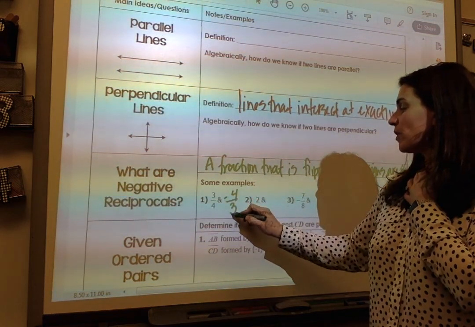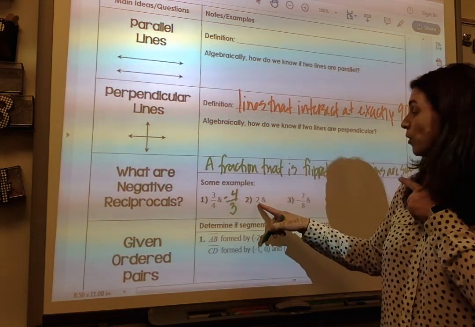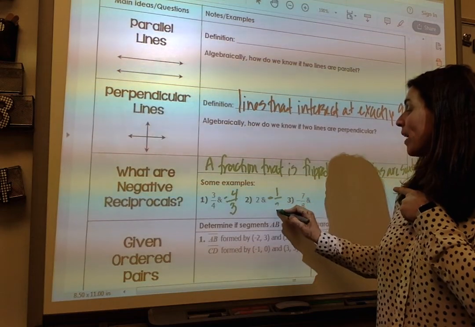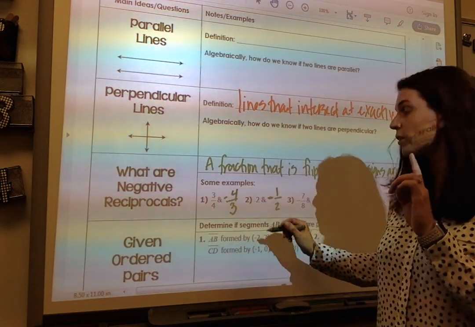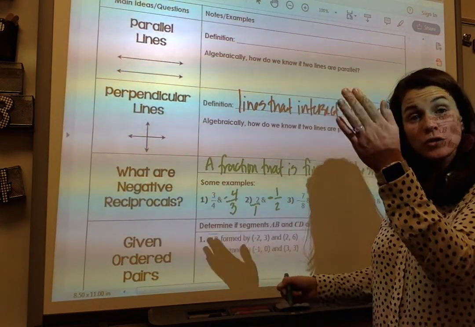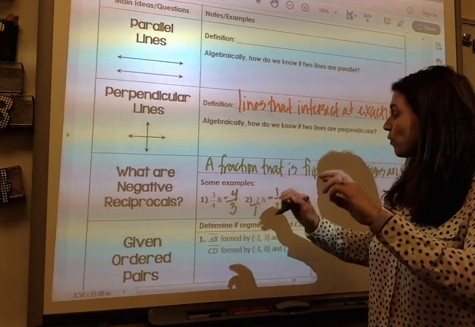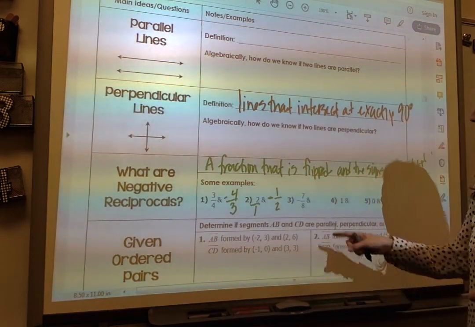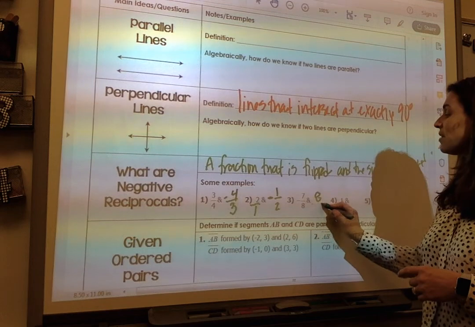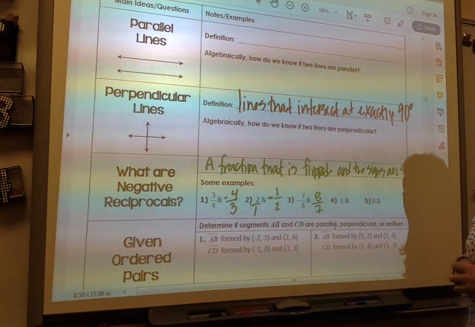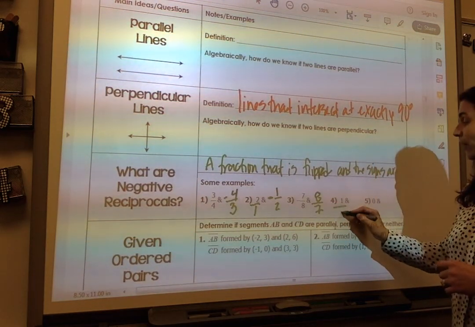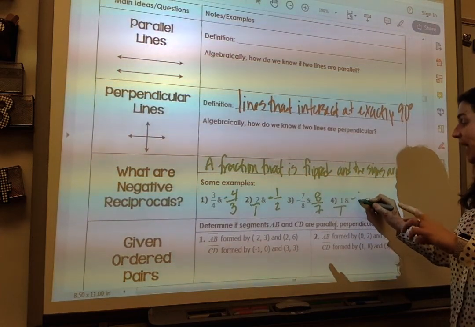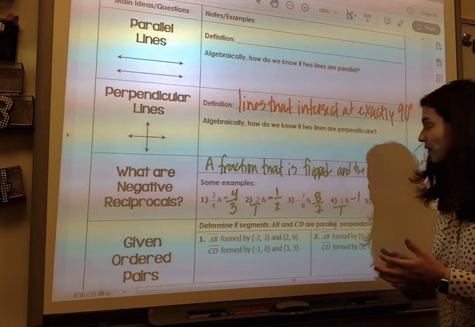Negative 4/3. What's the negative reciprocal of 2? Well, it has to be negative 1/2. And again, if you get confused with an integer, make it a rational number in the form a over b, so 2 over 1, flip it, and it becomes negative. The negative reciprocal here is a positive 8/7 because that one's negative. The negative reciprocal here, it's 1, so it has to be negative 1 over 1, or just negative 1.